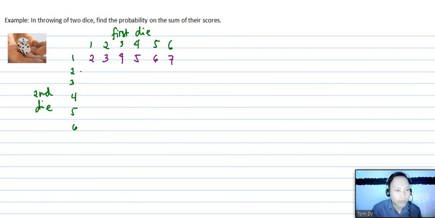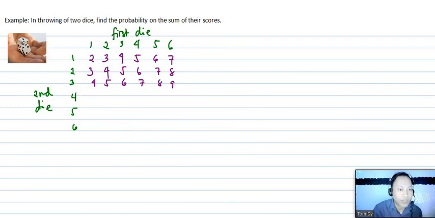Also, there is a possibility that the first die is 1 and the second die is 2. So their sum is 3. And then 2 plus 2, that is 4, 5, 6, 7, 8. And then 3 plus 1, that is 4. 3 plus 2, that is 5, 6, 7, 8, 9. So there's a pattern for this one.